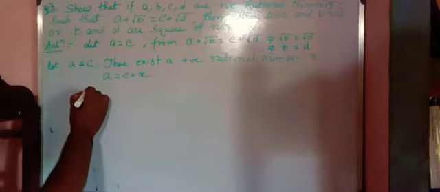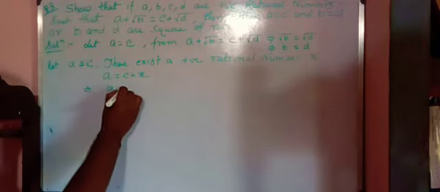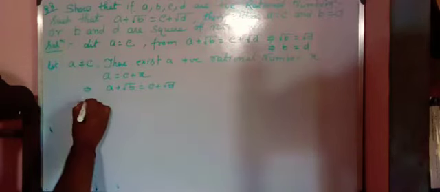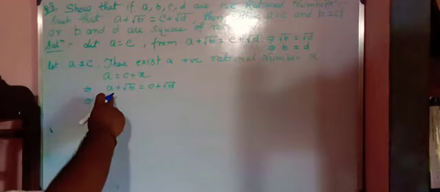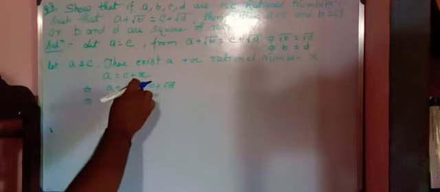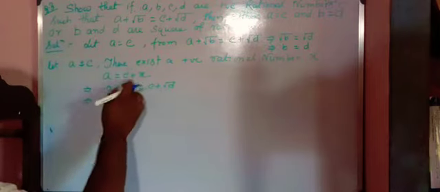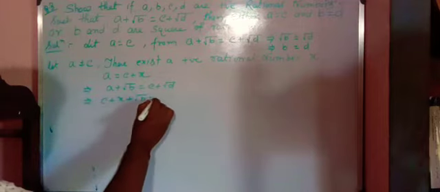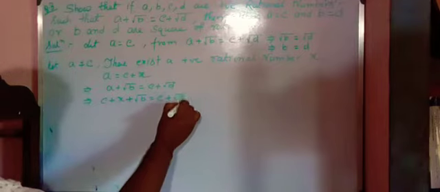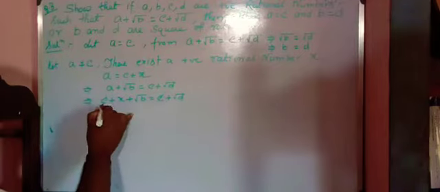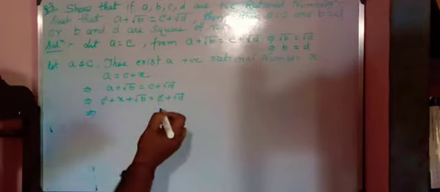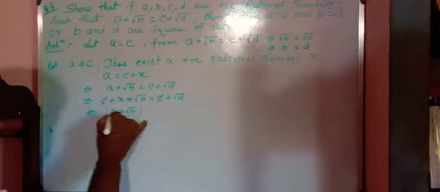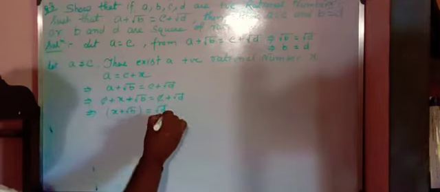Now a plus root b is equal to c plus root d. From here we put this value over here, that is c plus x plus root b is equal to c plus root d. C should be cancelled, so we are getting x plus root b is equal to root d.